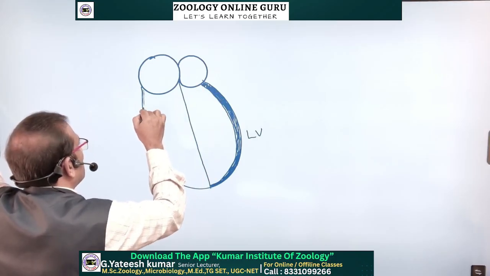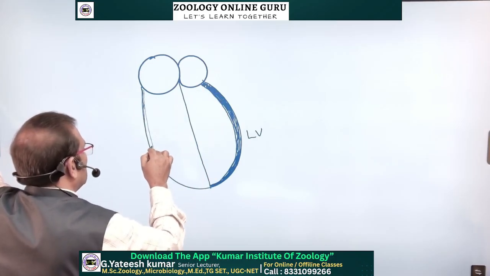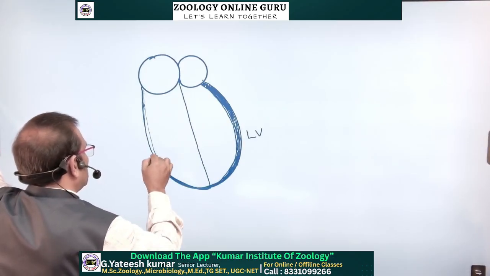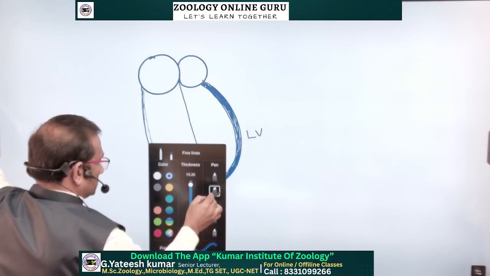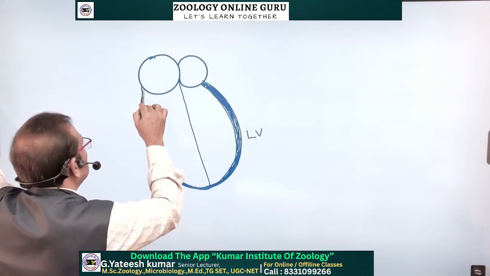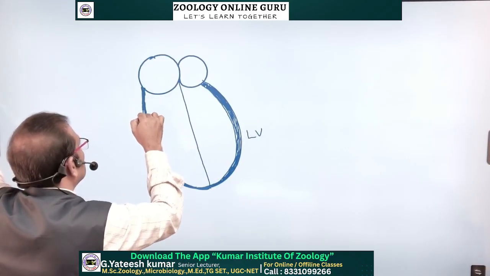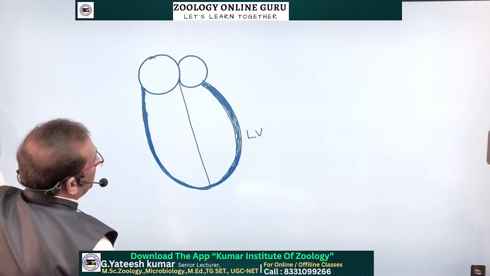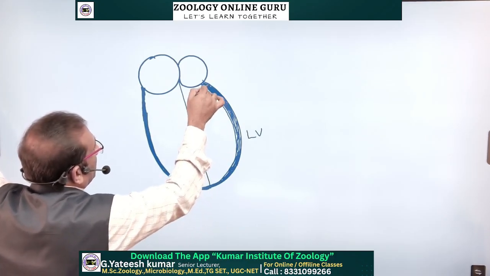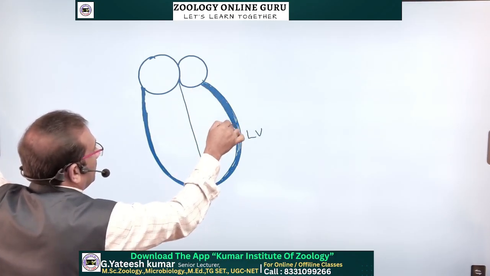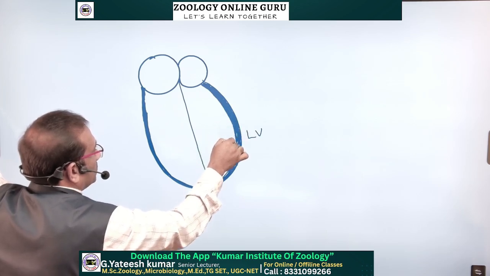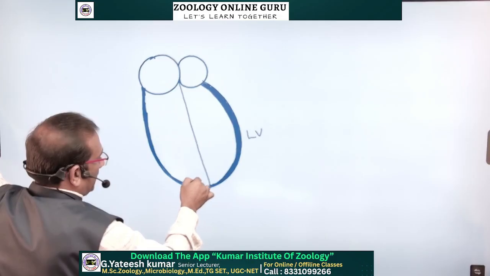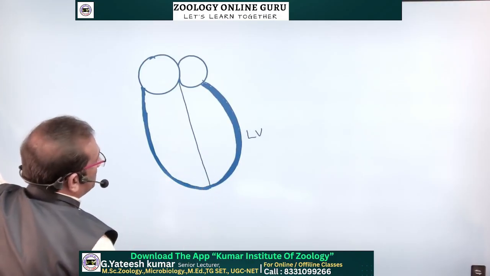So the right one is not that thick, very thin walls are present here when comparing to the left ventricle wall. So left ventricle walls are somewhat thick in size, and right ventricle walls are very thin.